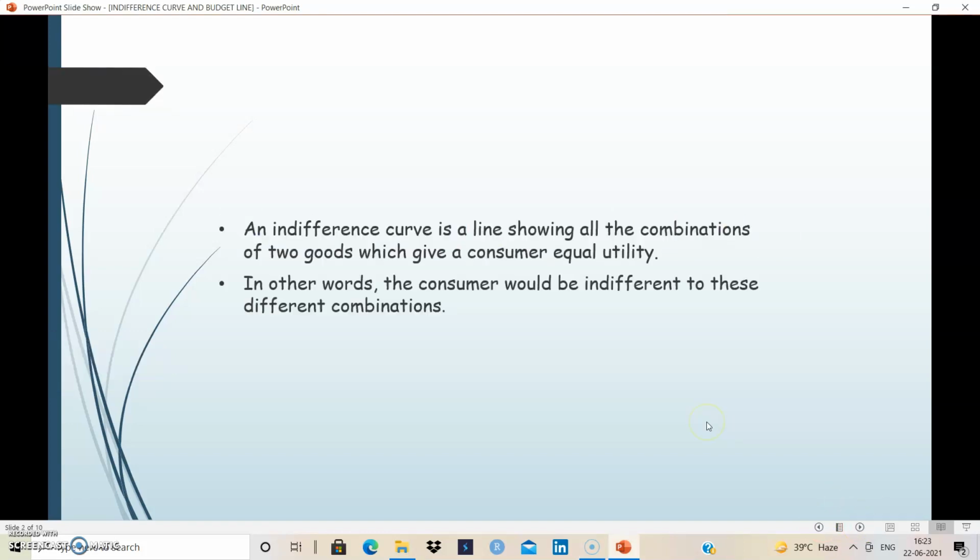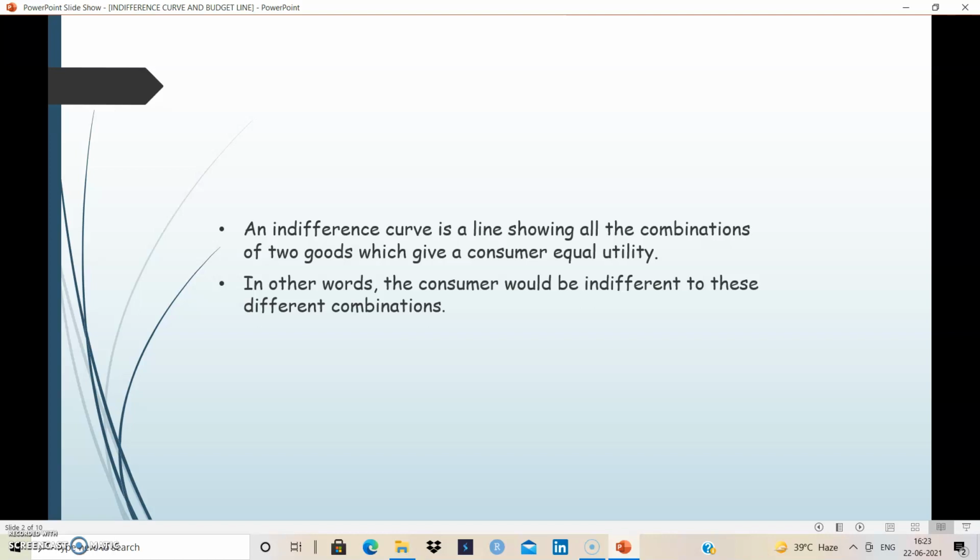What is indifference curve? An indifference curve is a line showing all the combinations of two goods which give a consumer equal utility. In other words, the consumer would be indifferent to these different combinations. So an indifference curve is a line which will show the combination of two goods which will provide equal utility to the consumer.